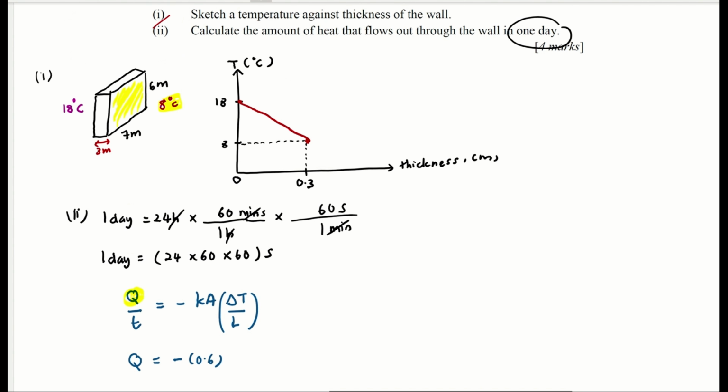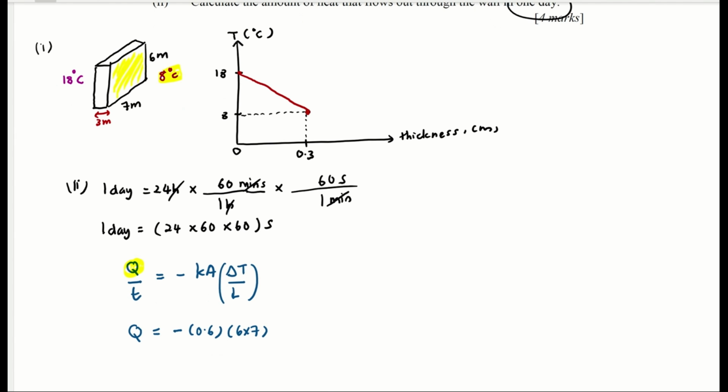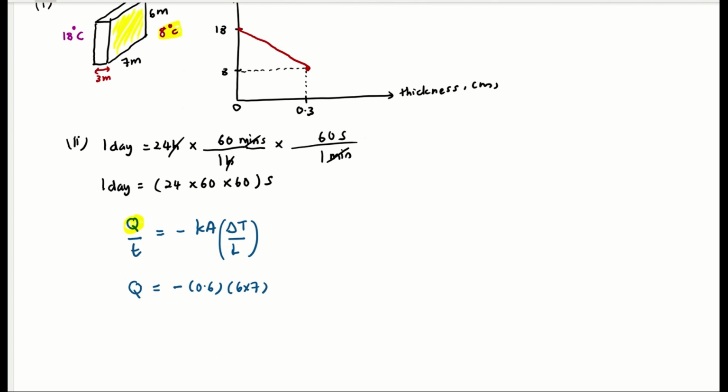So K is 0.6 and then the cross-sectional area. So the cross-sectional area, tengok balik dekat gambar yang kita lukis ni, inilah. Which is the cross-sectional area 6 times 7 meter. And then delta T final should be lower temperature 8 minus 18 degrees Celsius over L is the thickness.